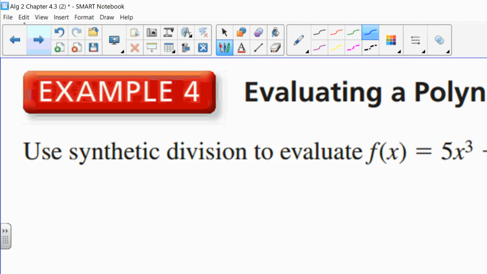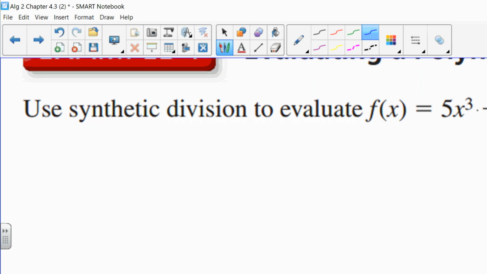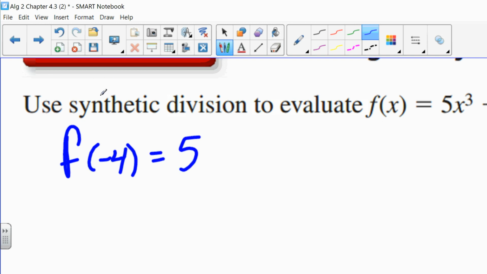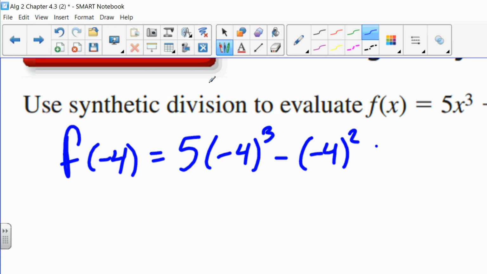Now the last thing we're going to look at is this here. Use synthetic division to evaluate this here when x is -4. Okay, so if we were to evaluate this here, like we did before, we would take f of -4, and we'd plug it in for every x value, yes? We'd have 5 times -4 to the third minus -4 squared plus 13 times -4 plus 29.